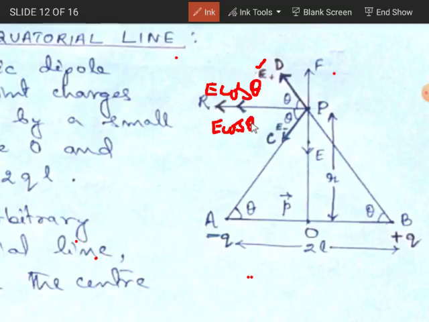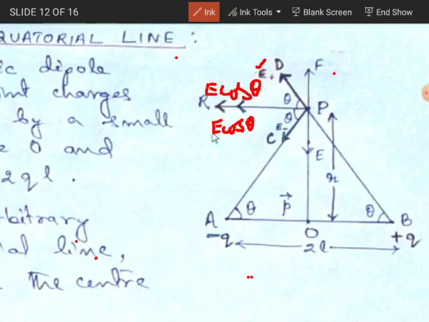Like this. Since E plus and E minus are of equal magnitude, let me not mark them as E plus and E minus here. Instead, E cos theta for this one. So E sine theta for this component along PF, and E sine theta along PE for this E minus component. So those two will neutralize each other.